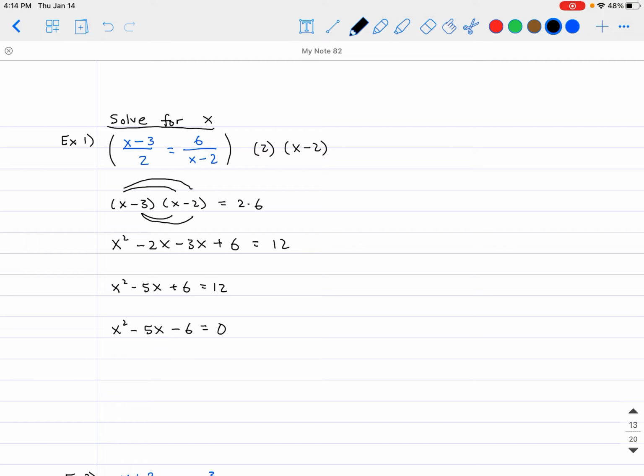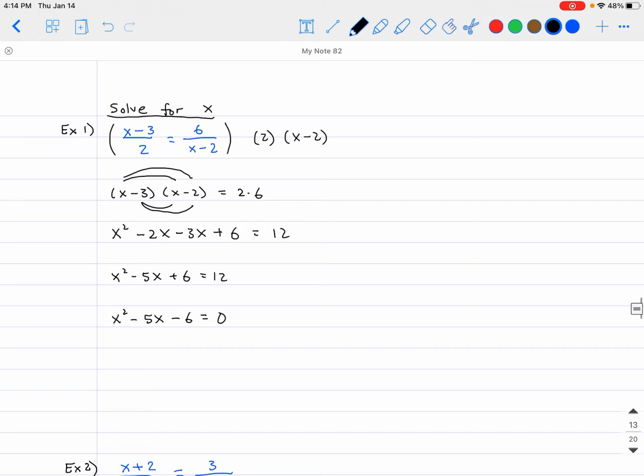If you're thinking about factoring, because that would be a little easier if factoring is a possibility, we look at the two numbers over here, negative 5 and negative 6. We ask ourselves: what two numbers add up to negative 5, the number in the middle, but at the same time multiply out to negative 6, the number on the far right?